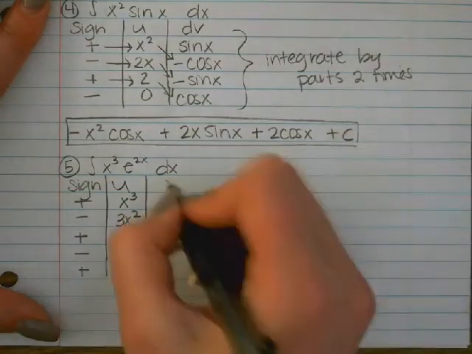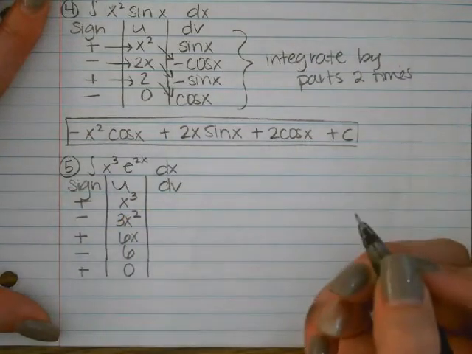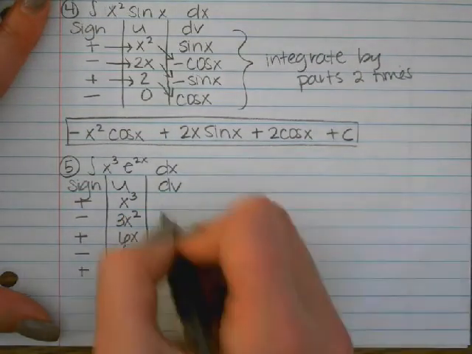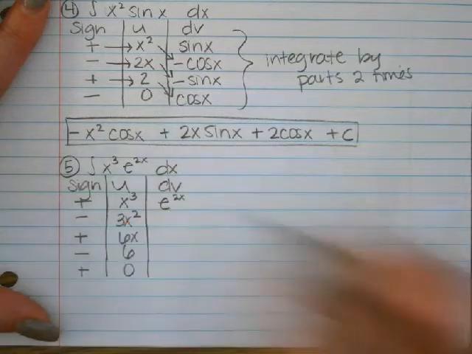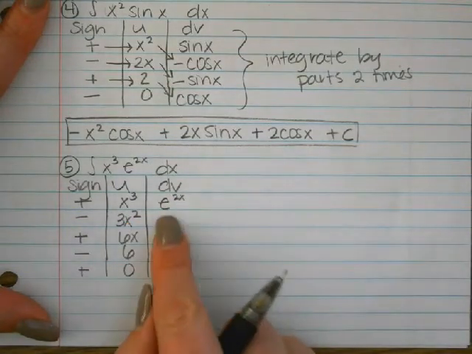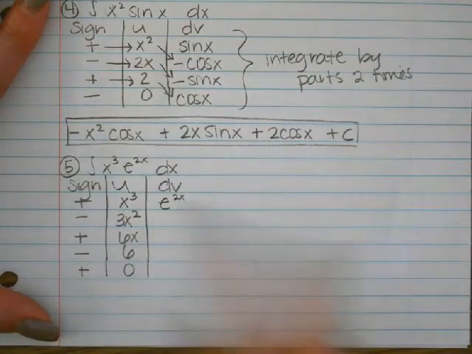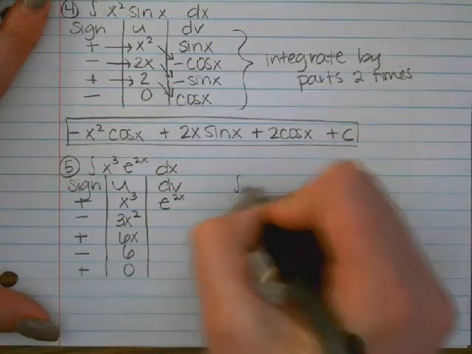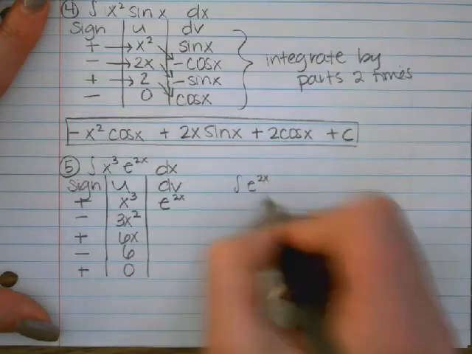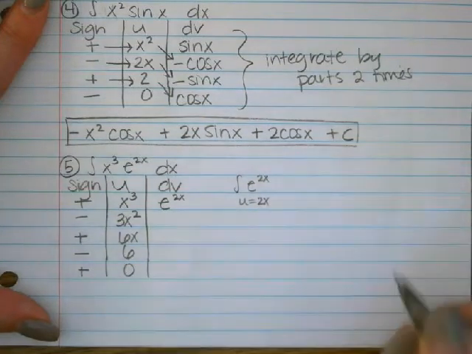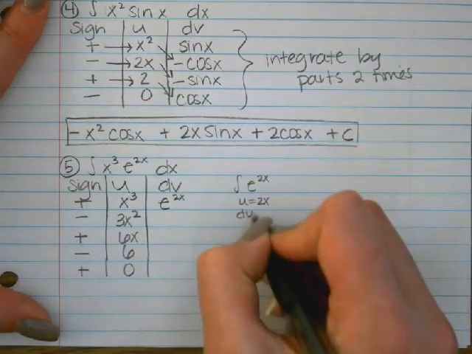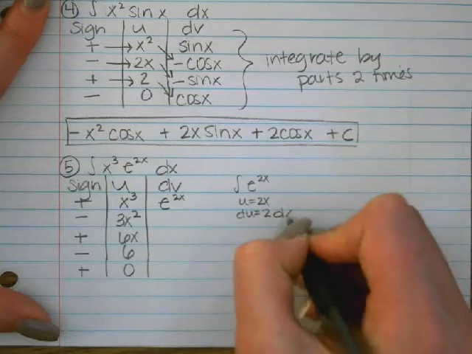And then we've got our dv. So e to the 2x. How do I integrate e to the 2x? U substitution. Good. So my u is 2x. My du is 2 dx.